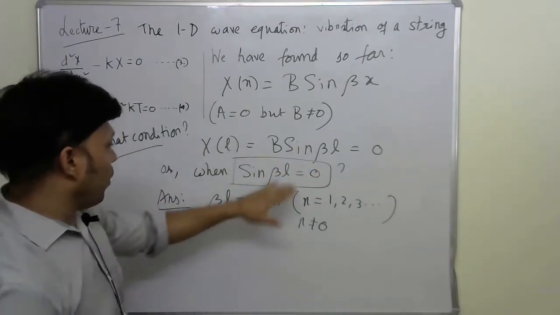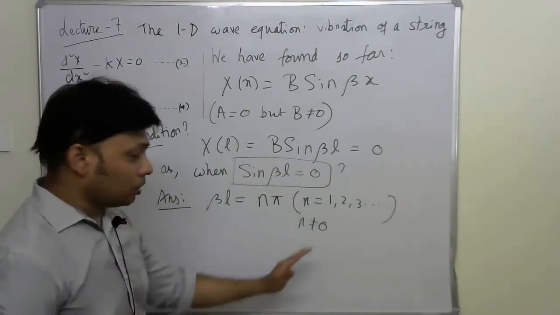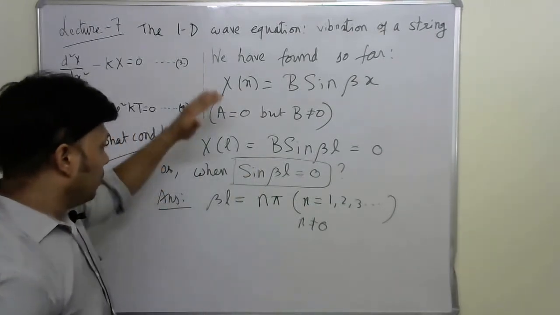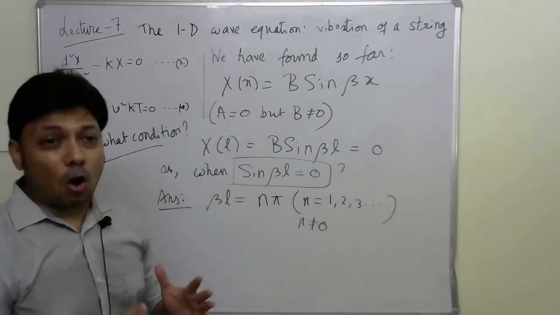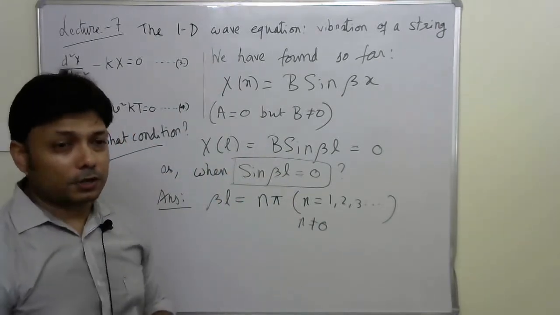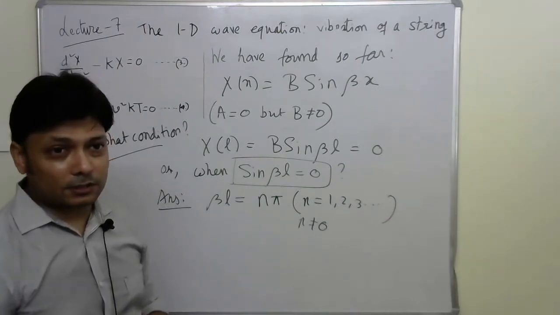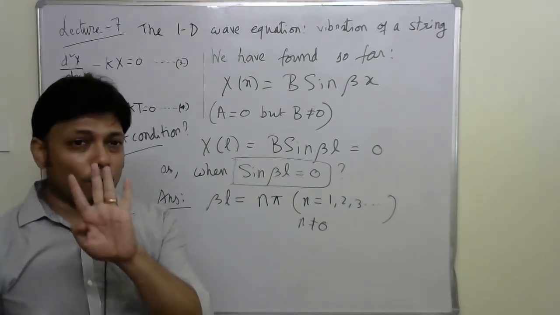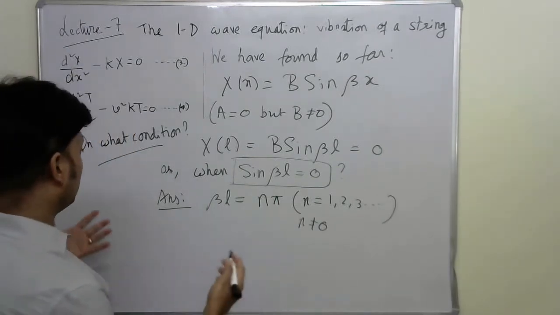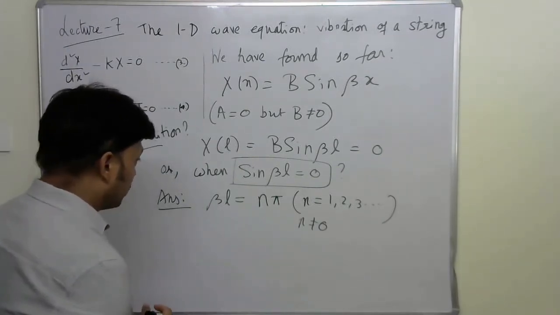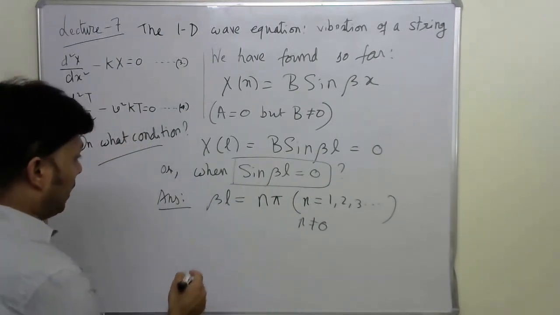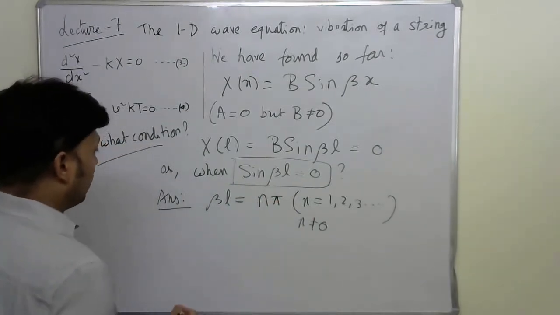That means, once again, we have a condition for a trivial solution. So now we have seen how many times the condition for a trivial solution appears. If you follow the lectures, you will see there have been 4 times where I have talked about the possible scenario of a trivial solution. So therefore, we now get beta L is equal to n pi.